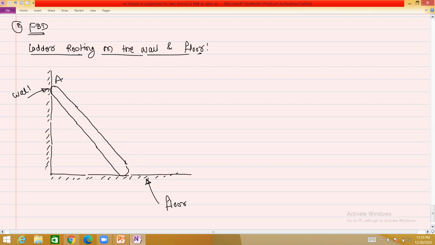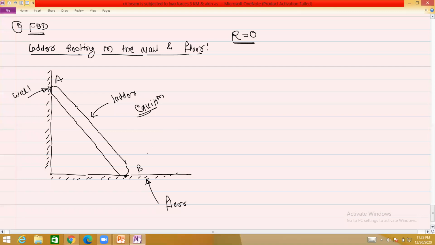Consider this is ladder AB, and suppose this ladder is in equilibrium. That means there is no motion of this ladder. Then there will be some forces acting at points A and B which will oppose the motion, and therefore the resultant of this system will be zero.